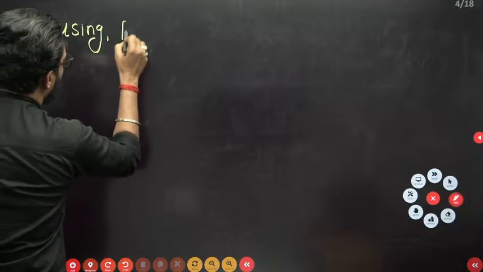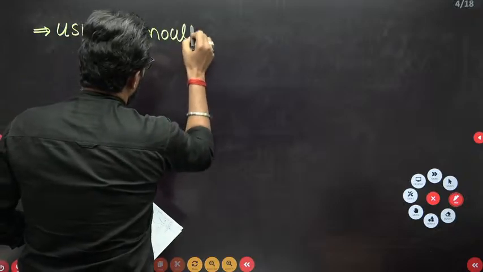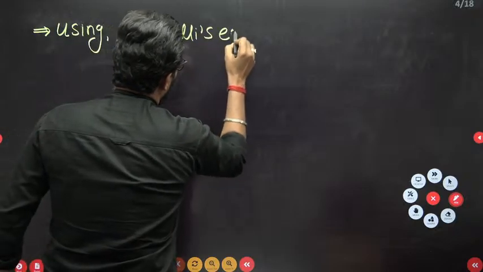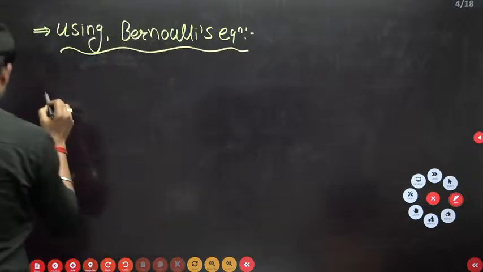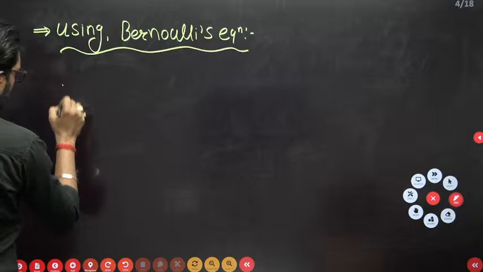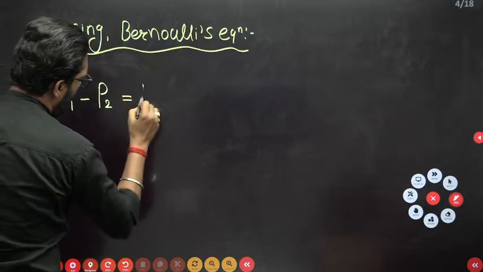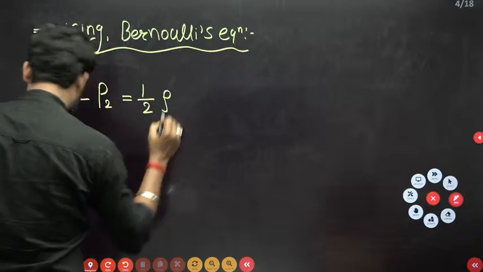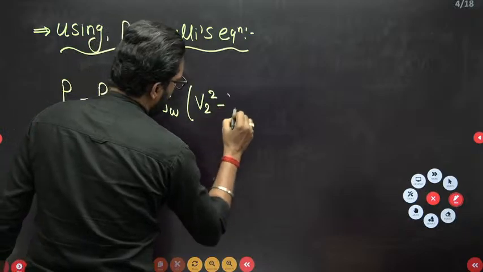Using Bernoulli's equation, what is that? You know this? P1 minus P2 is equal to half rho, this is for water, V2 square minus V1 square.